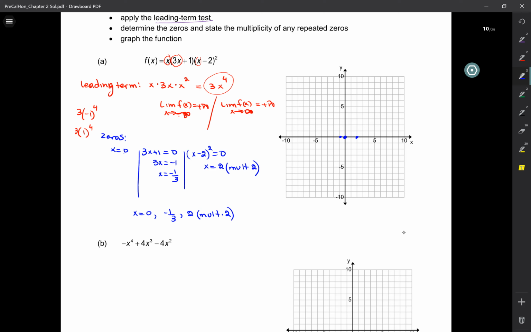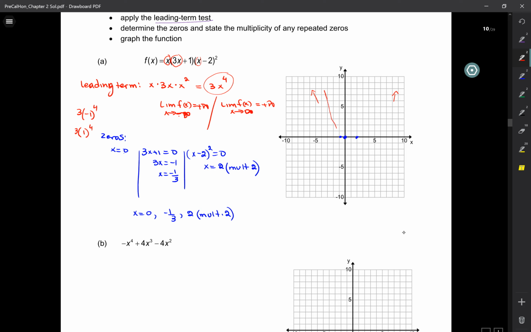All right, what does my end behavior information tell me? That at negative infinity and at positive infinity, the graph is going up to positive infinity. Okay, so here it's up here.